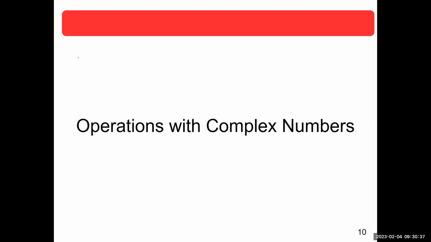If I have two complex numbers, I'm going to call them A, let's say here -3 plus 2i, and B equals 4 minus 3i.